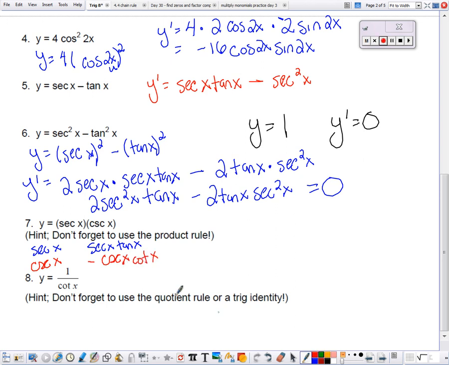So the product rule, we take the original first term times the derivative of the second. That's negative secant x cosecant x cotangent x plus the second function times the derivative of the first, cosecant x secant x tangent x.